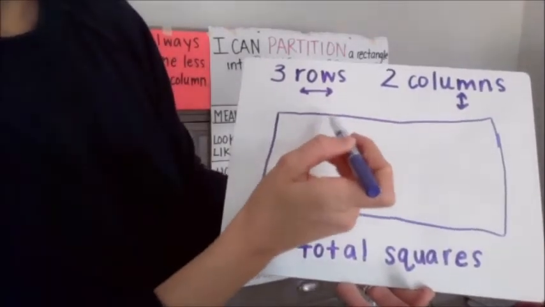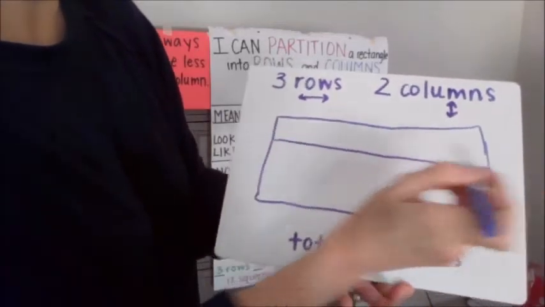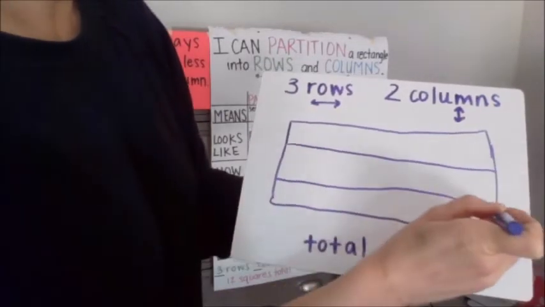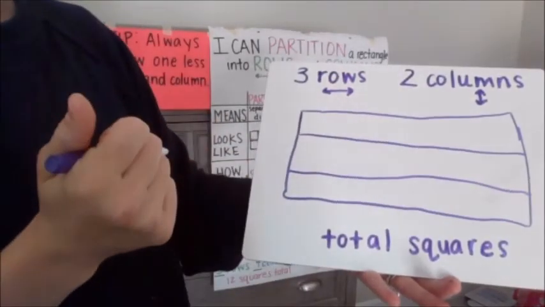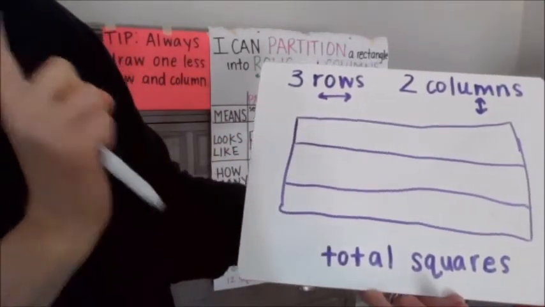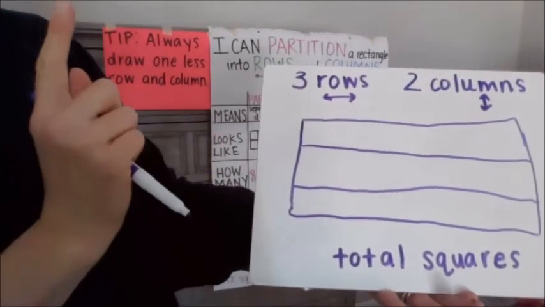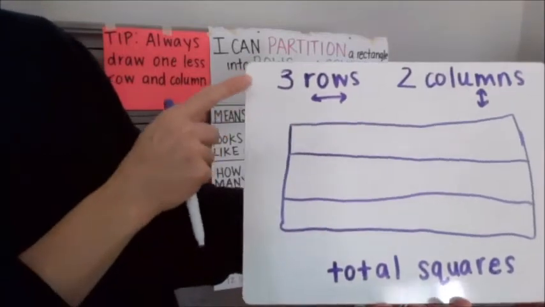So here we go. We are going to draw 2 rows, and rows go across. 1, 2. But I have 1, 2, 3 rows now because I looked at my tip and remembered, that's right, I only draw 2 lines to get 3 rows.